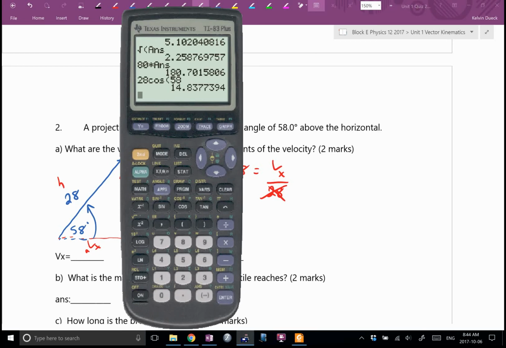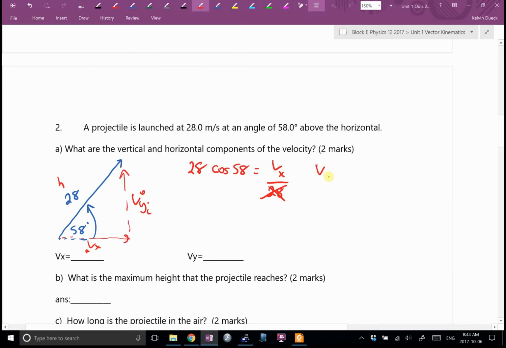Up here, I'm going to write 14.8377. Here, I'm going to go to 3 sig figs, which is going to be 14.8 meters per second.